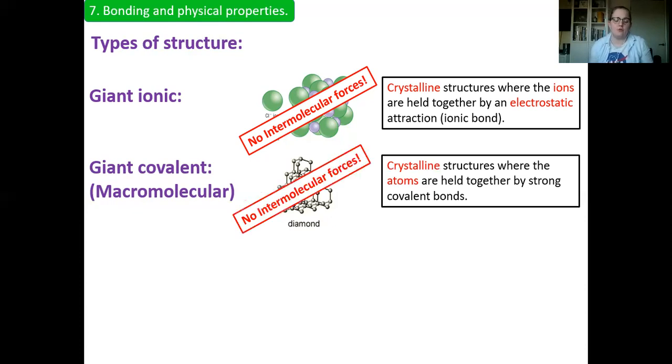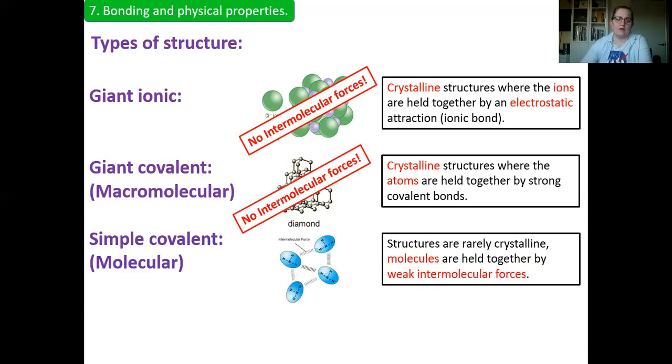Again, these have no intermolecular forces. Then we have a simple covalent structure, which is a molecular structure. These structures are rarely crystalline, and the molecules are held together by weak intermolecular forces. So we've got our covalent structures, and then we have these weak intermolecular forces holding them together.